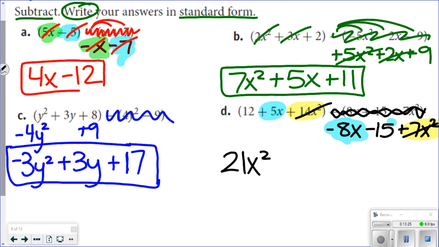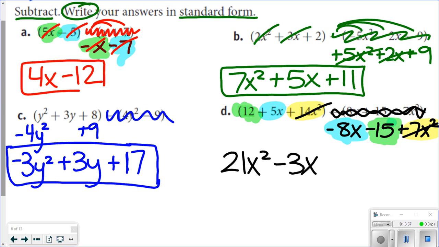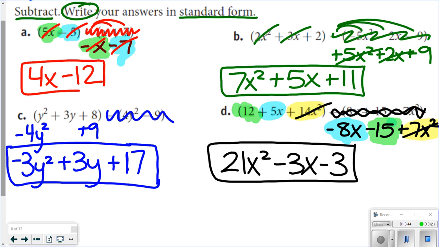So 5 minus 8 is negative 3. And then we have a positive 12 minus 15. 12 minus 15 is negative 3. And this is in standard form, descending order, highest exponent to smallest exponent.